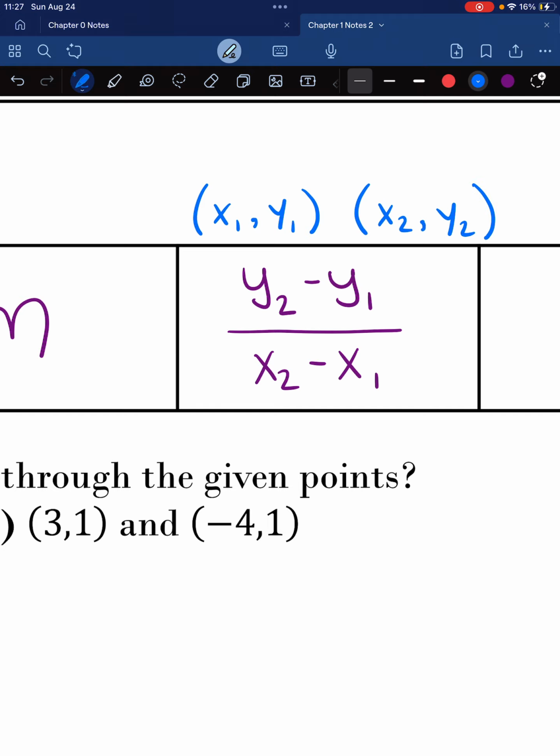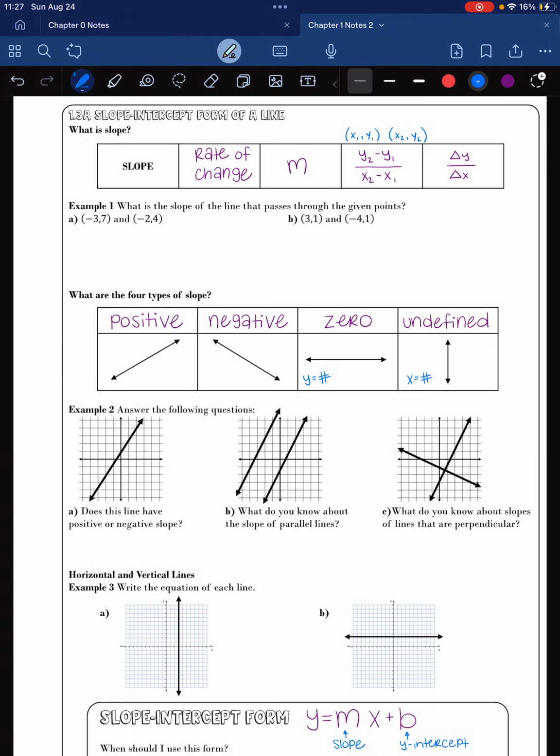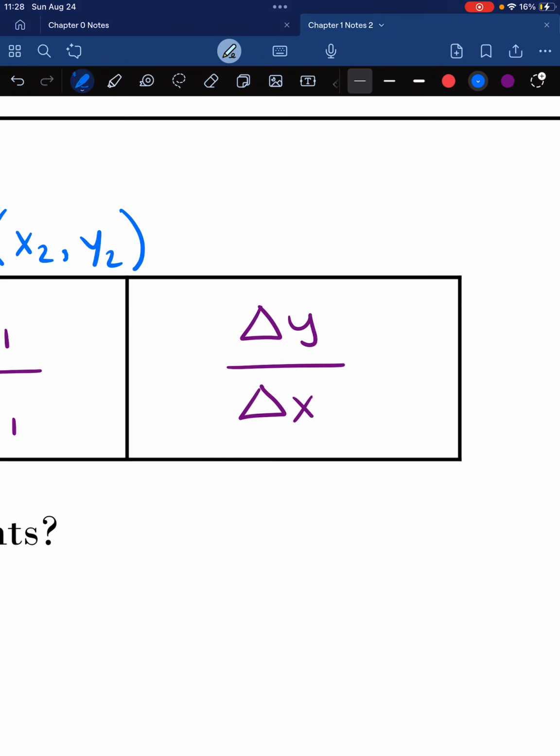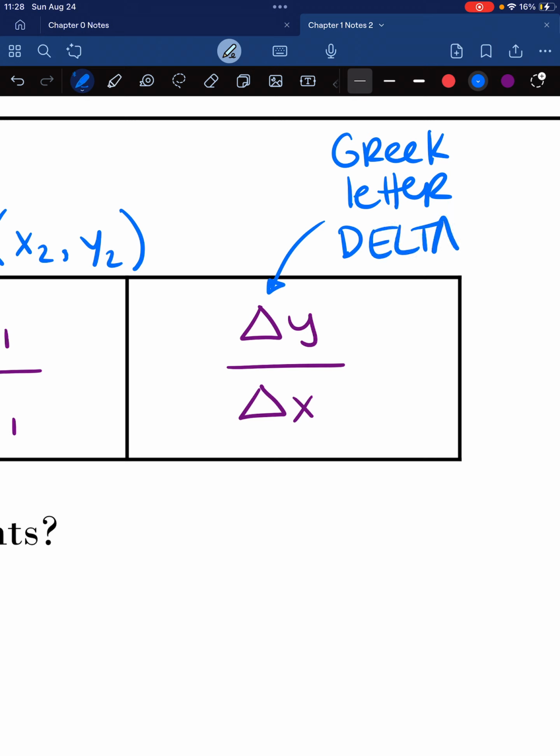How fast are my y's changing compared to how fast are my x's changing? A short way that we can represent change is with the Greek letter delta. So this is the Greek letter delta, and we use it a lot in math to mean change.